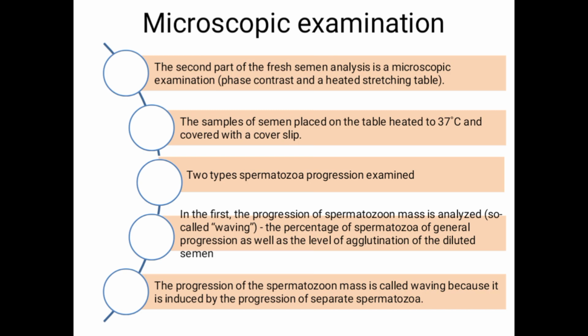In the first, the progression of spermatozoan mass is analyzed, so-called weighing, and the percentage of spermatozoa of general progression, as well as the level of agglutination of diluted semen. The progression of spermatozoan mass is called weighing because it is induced by the progression of separate spermatozoa.